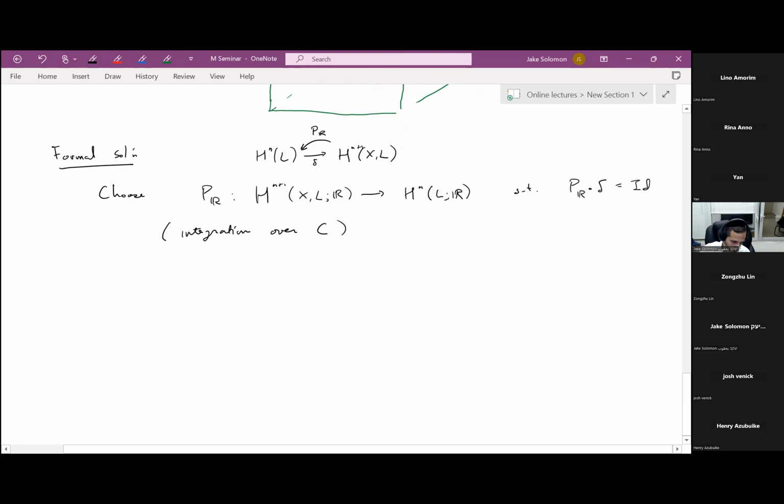Okay, so the upshot of all this. I guess this formal solution comes in a paper, arXiv 19.